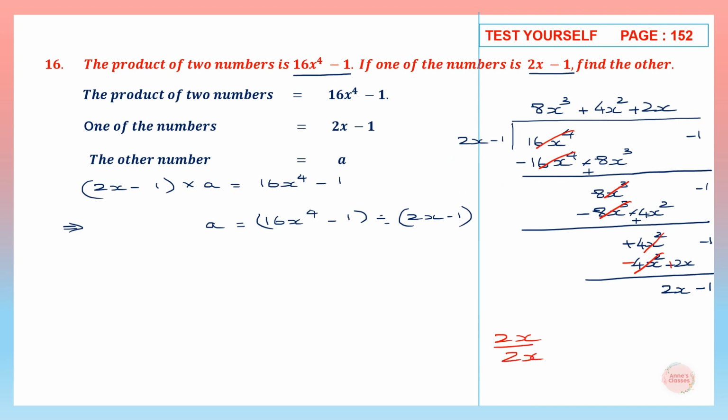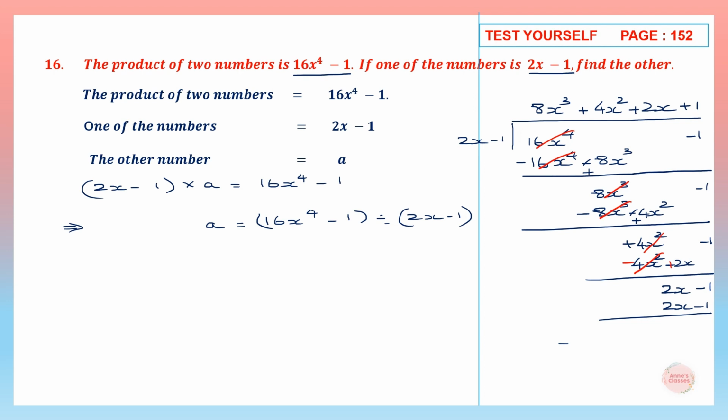Both get cancelled by 1 and 1. So what do we have? We just have 1, which we write on top, plus 1. Now the next step is we multiply plus 1 into every term here. So 1 into 2x minus 1 will give you 2x minus 1. Let's write that.